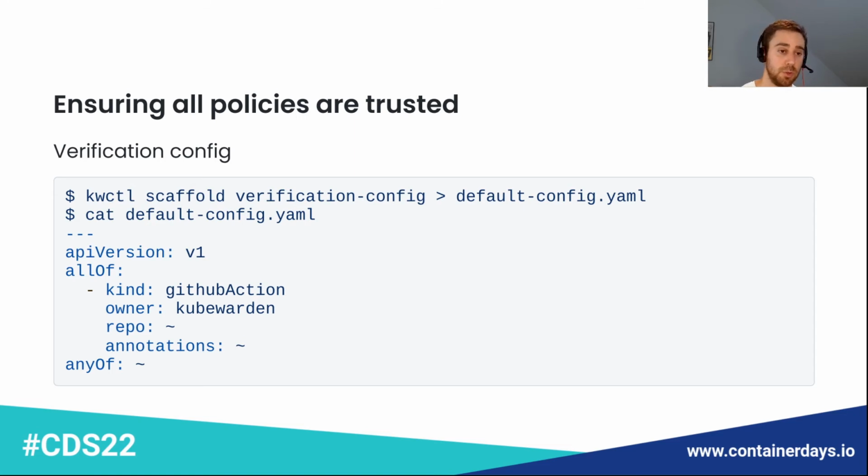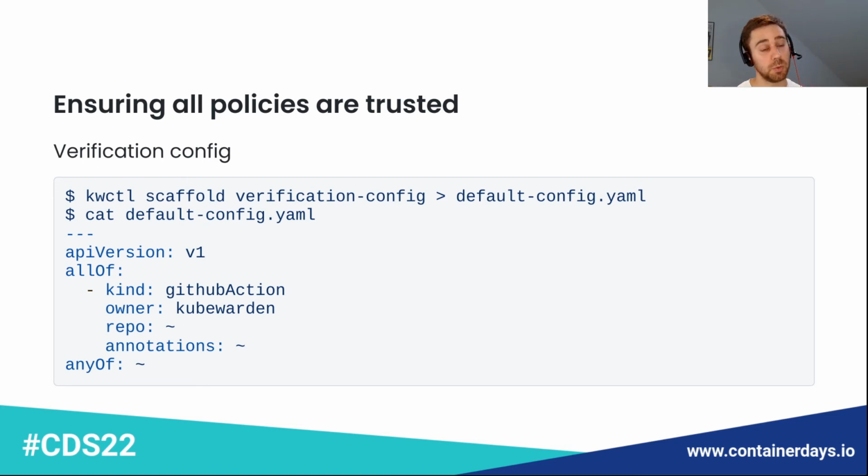And of course, you can add more entries here if you want to verify more policies. You can also use different kinds. Maybe you want to use a public key and private key. It's all there. We encourage you to look into the verification config. And once we have this set up in the policy server, we ensure that all policies are trusted.